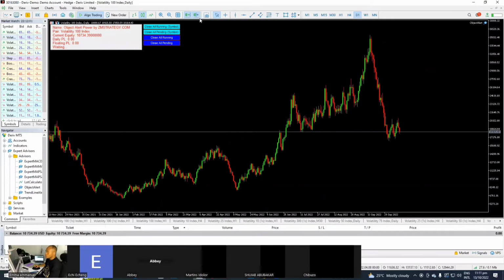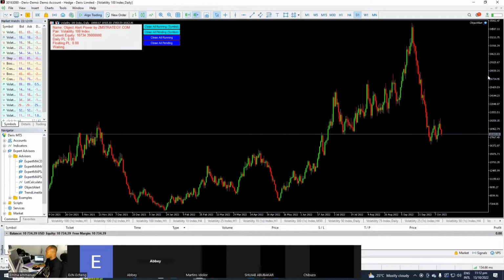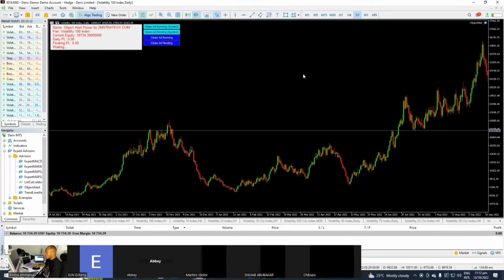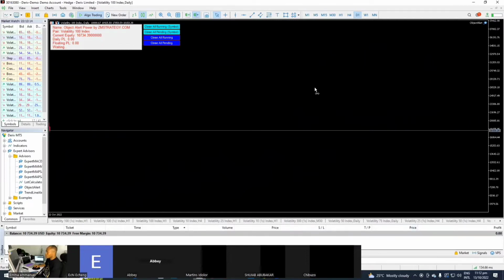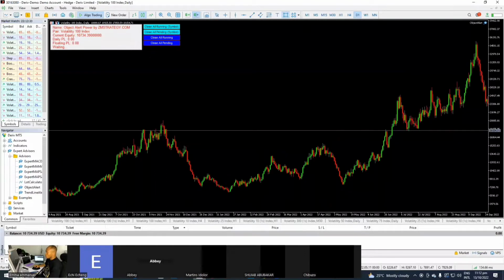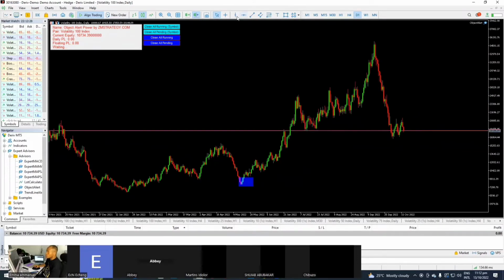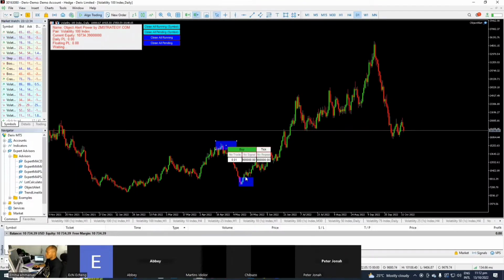Now, in terms of market structure on a daily time frame perspective, you can see that this was a previous low at this very spot, and this was a previous high.